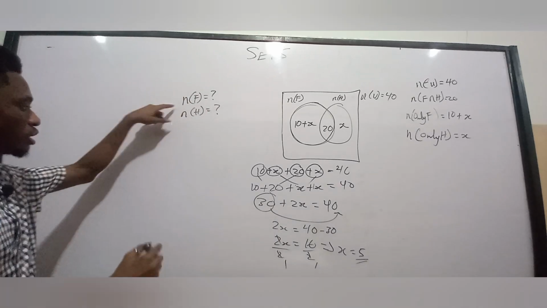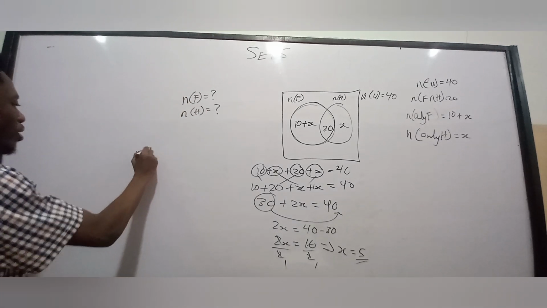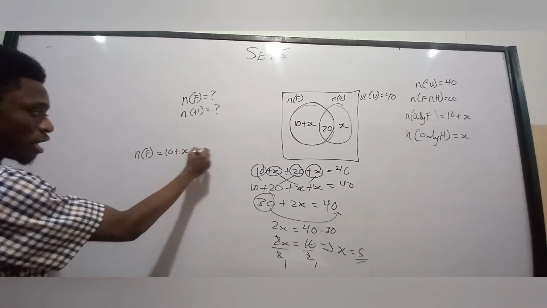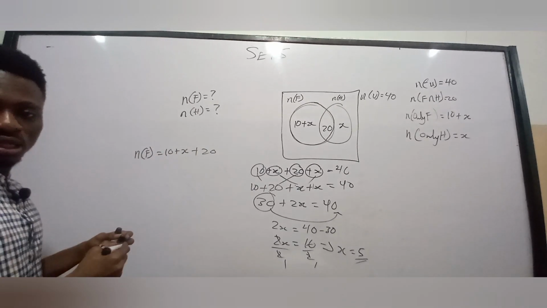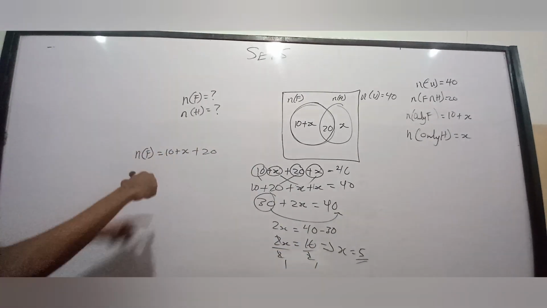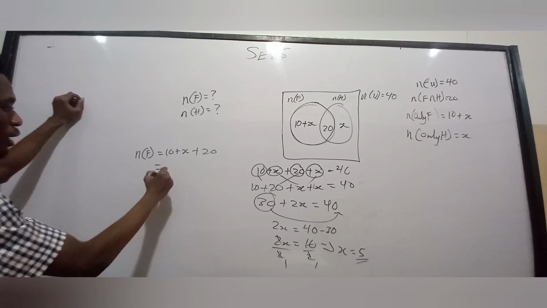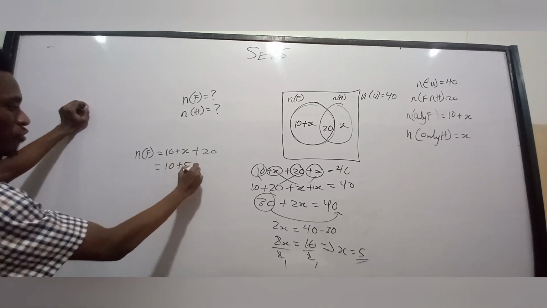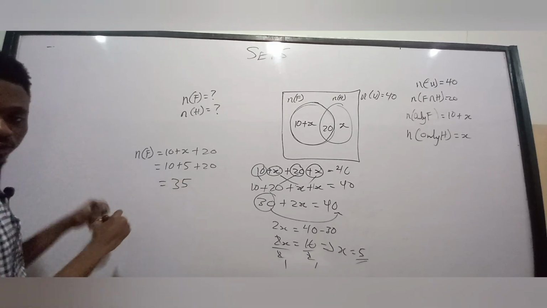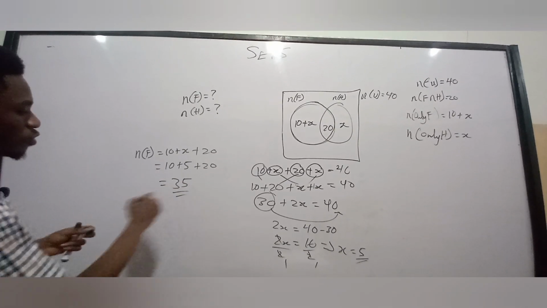So to get French, we know that the number of French is equal to what? The 10 plus the x plus what? 20. Do you get it? So now that we know the x, we put the figure of x in the equation. So we get what? 10 plus 5 plus what? 20, which is what? 35.